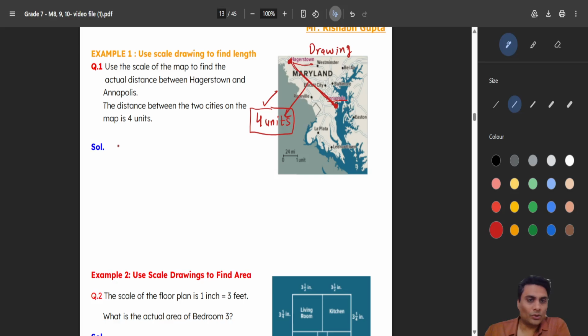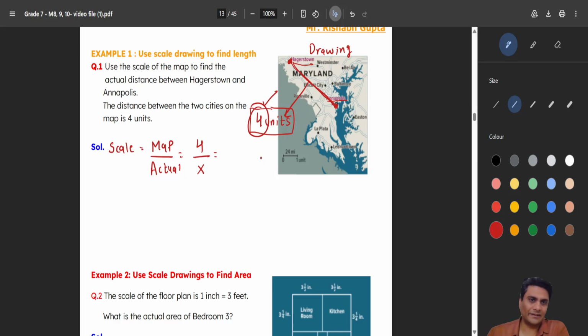So I told you, how do we find the scale? We do the map or the drawing, whatever is given, over the actual, the real one. Now on the map, how many units are given here? 4 units. But in the actual world, I don't know how much it is. So I will take it as x.